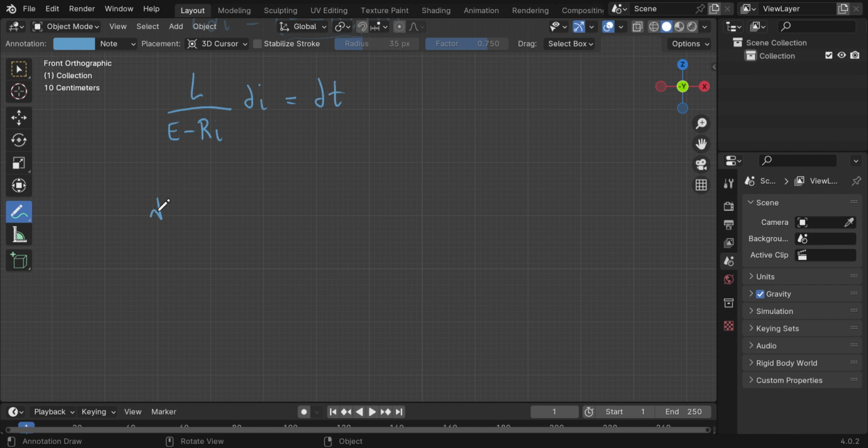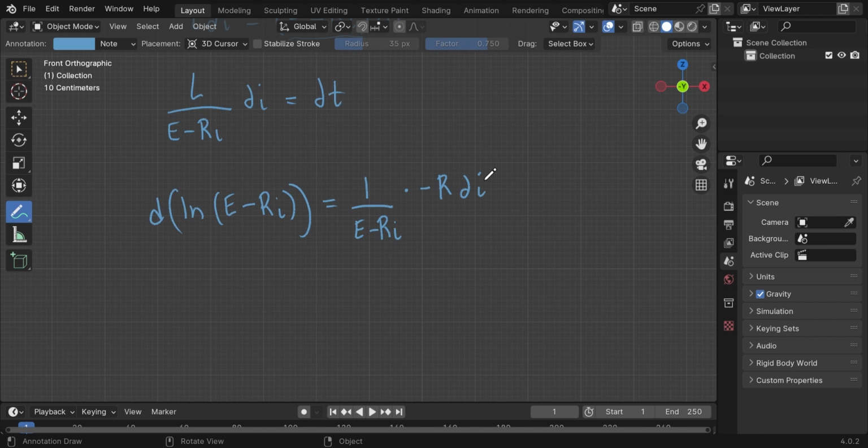Well, we know that if we take the derivative of the log base e of, let's say, E minus R I, we would get 1 over E minus R I times a negative R di.